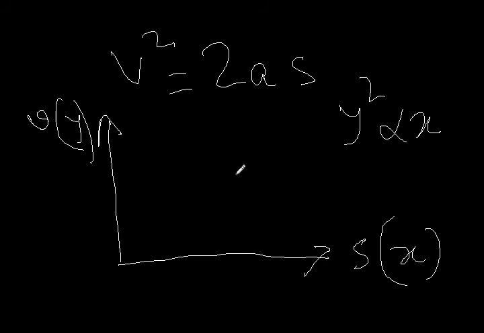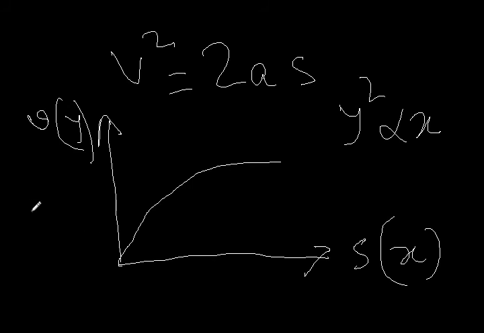Why? Because v I have plotted on the y-axis and s on the x-axis. So y squared varies as x will certainly look like this, as in our previous learning, because it is symmetrical about the x-axis. So that is why a v versus s graph looks like this.